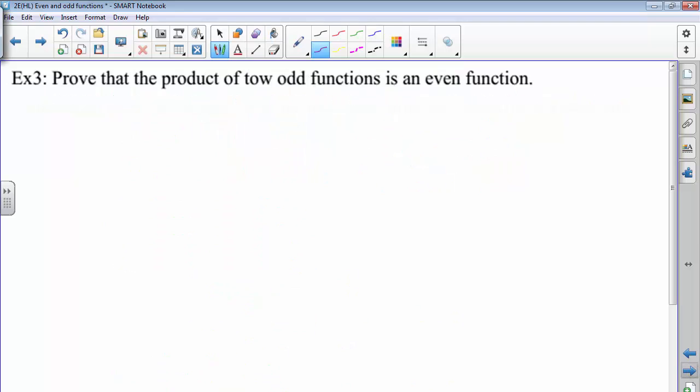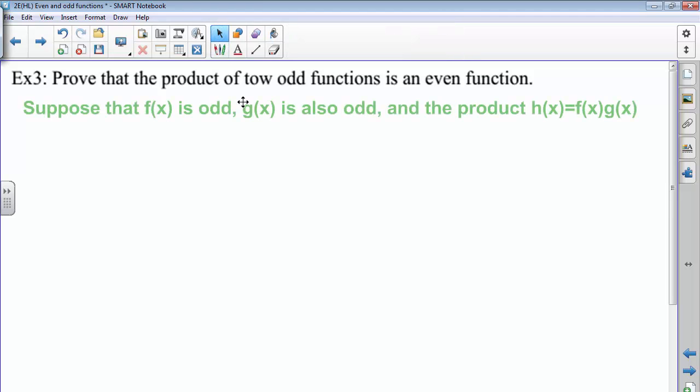Okay, let's prove the other example. Prove that the product of two odd functions is an even function. I will still put down the latter statements. Let's say f of x is odd, g of x is also odd, and the product h of x equals f of x times g of x.